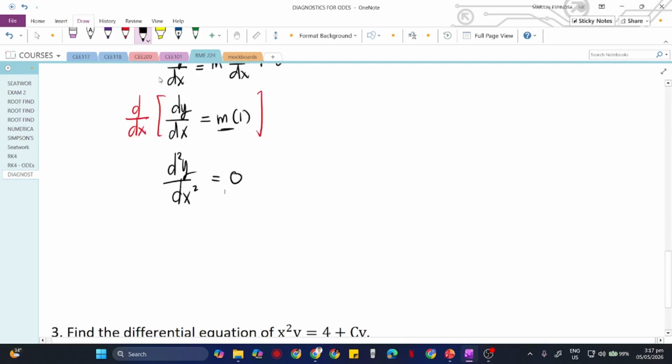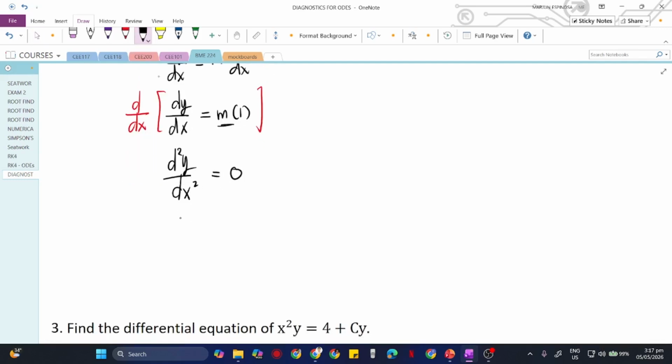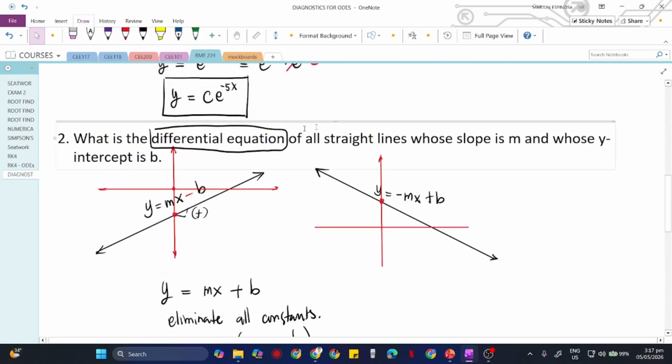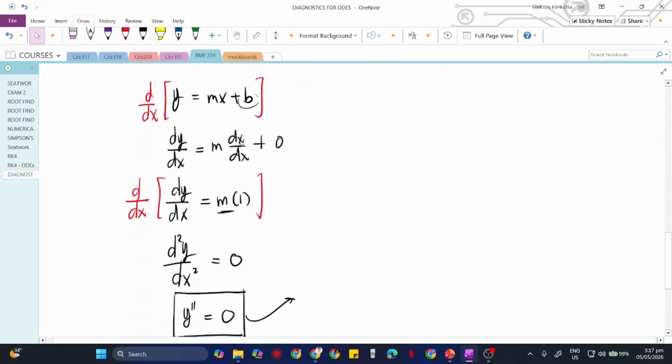In other words, if we cross-multiply this one, this y prime, this d squared y over dx squared, is simply equivalent to y prime, y double prime, and that is now equivalent to 0. So therefore, this is the differential equation for all families of straight lines, regardless of whether the slope is negative or positive.